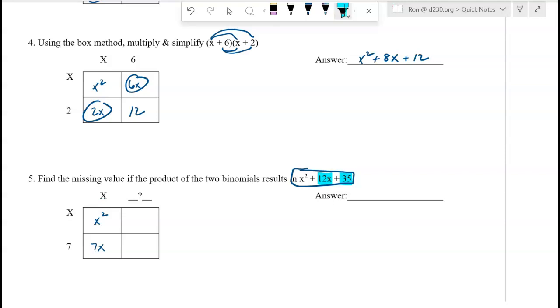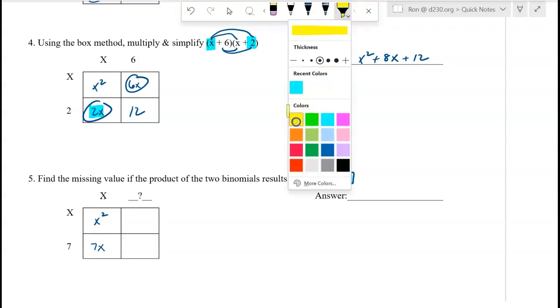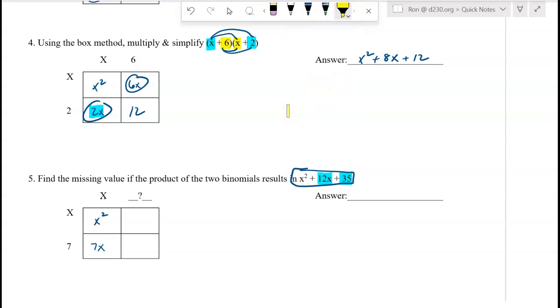Well, if I look up here, x times 2 gave us 2x. 6 times x gave us 6x. And eventually 6 times 2 gave me 12. So here, when I look at it, 7 times what would give me 35?